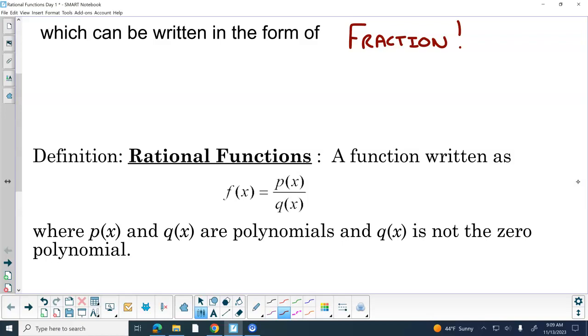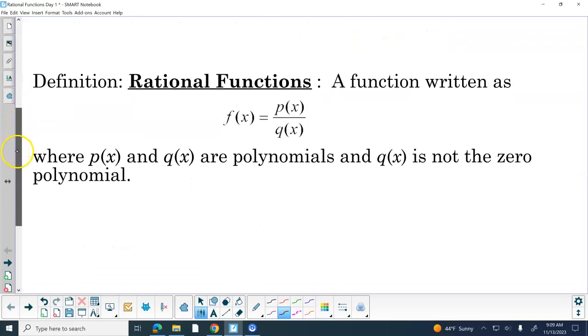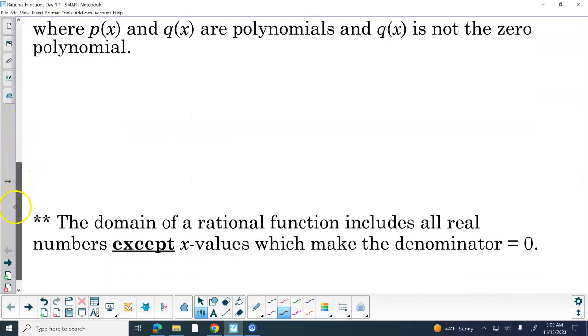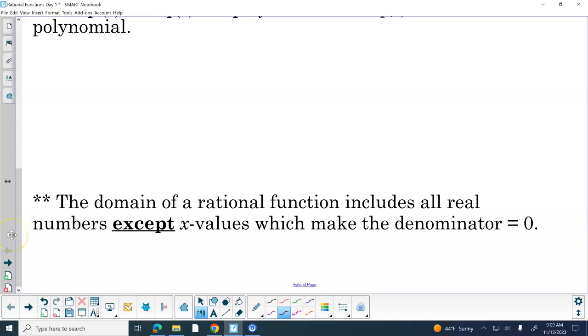Now, we're going to drop a D word, okay? Because it's going to be important to us. The domain of a rational function includes all real numbers except x values that make the denominator equal 0.